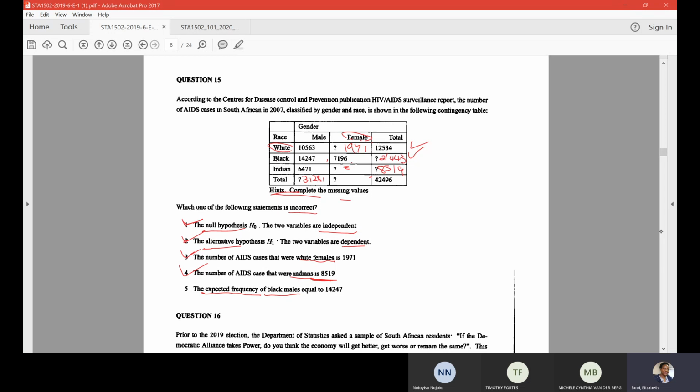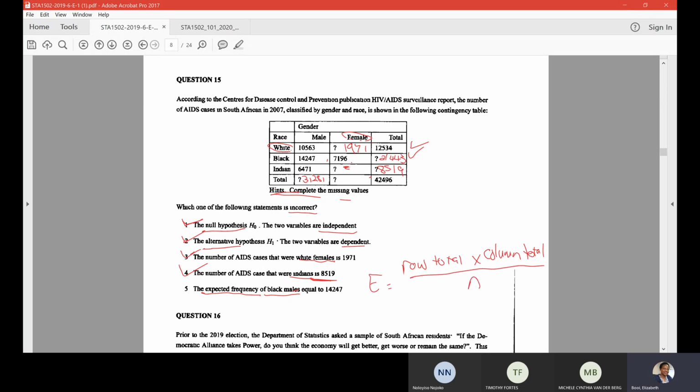So now we need to calculate the expected value for black males, which means we need to say row total multiply by column total divide by n.